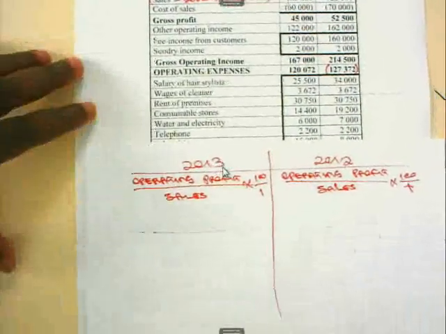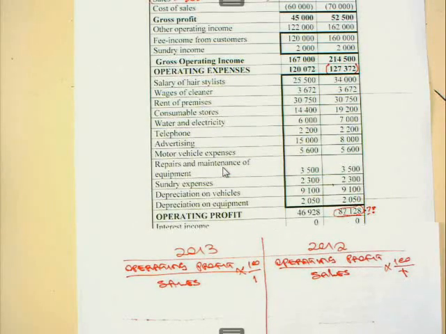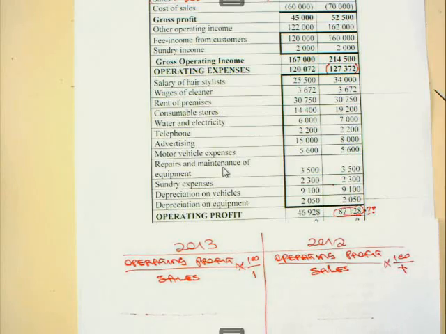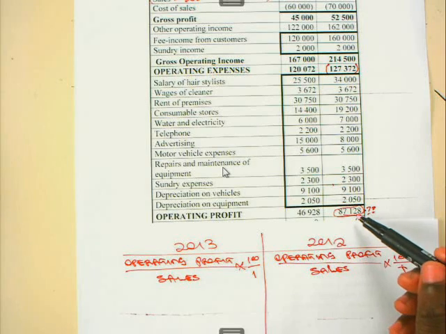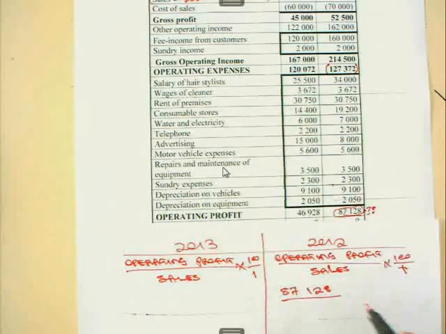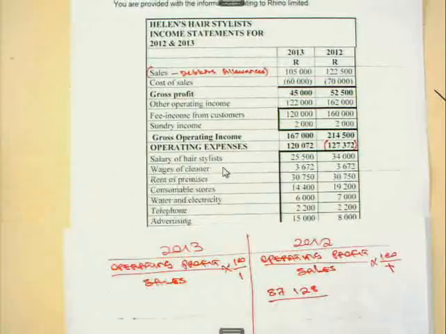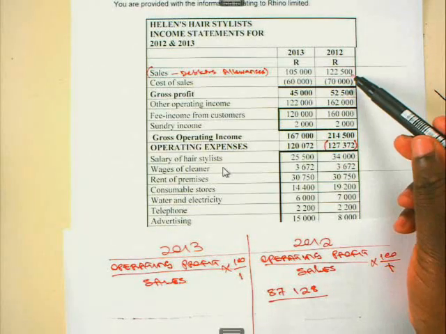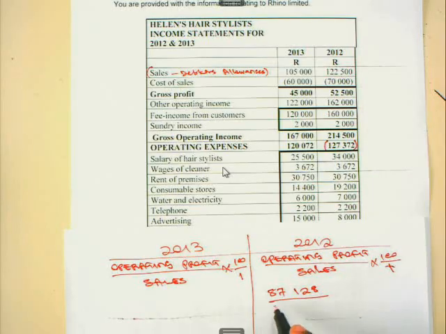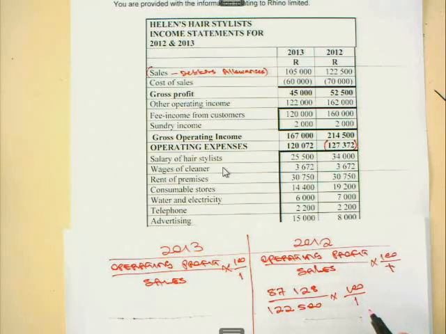Now let us check our information. The operating profit for 2012 was calculated to be 87,128. Divide that by our sales for 2012, amounted to 122,500. We will multiply that by 100 and divide it by 1.